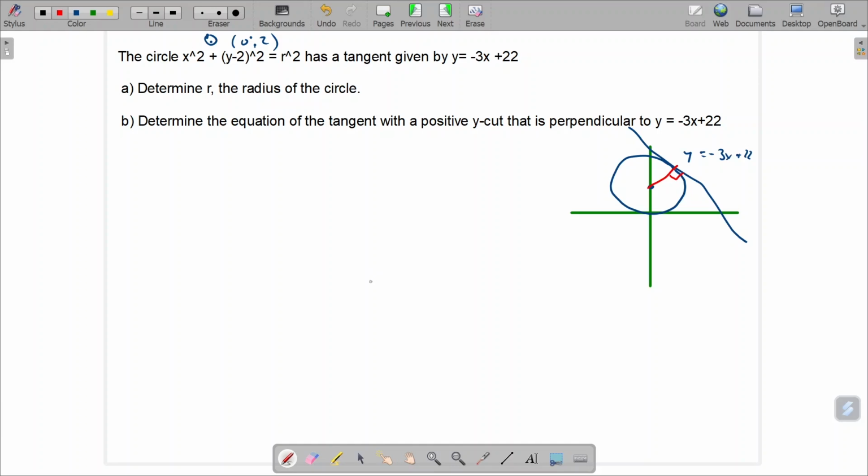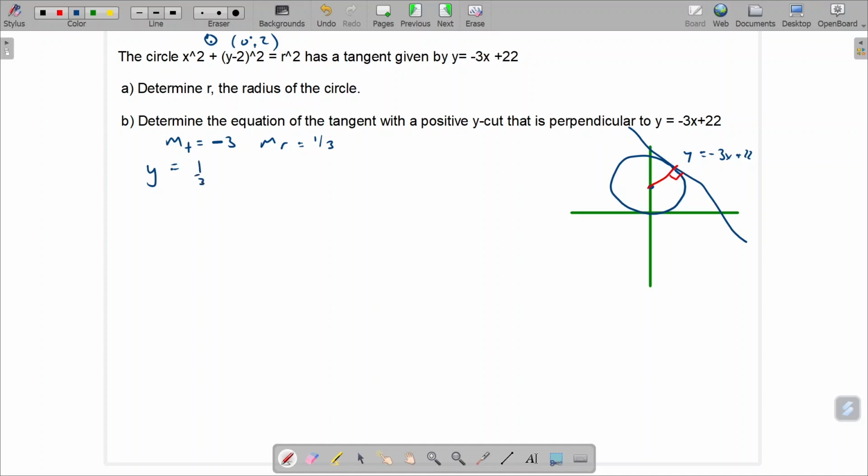And I know that this radius will go through the circle center, but will also touch this line y equals minus 3x plus 22. So what I'm going to look at here is this idea that this tangent is the line y equals mx plus c, but if the gradient of the tangent is minus 3, then the gradient of the radius needs to be 1/3.